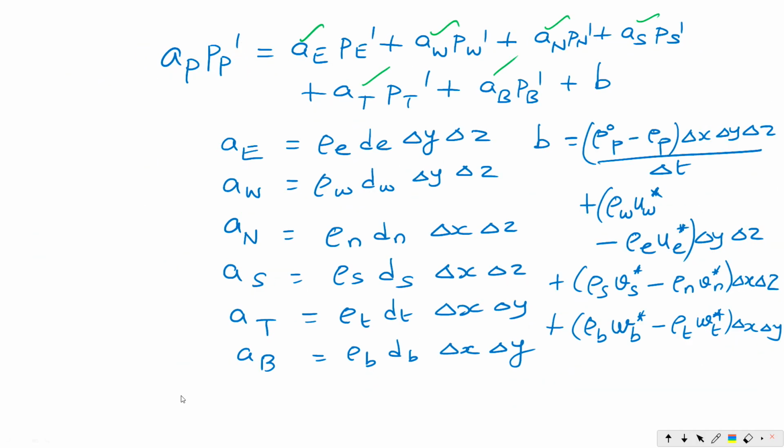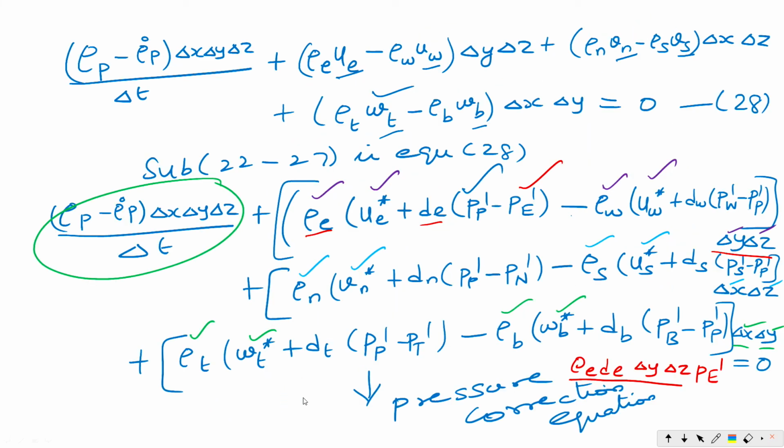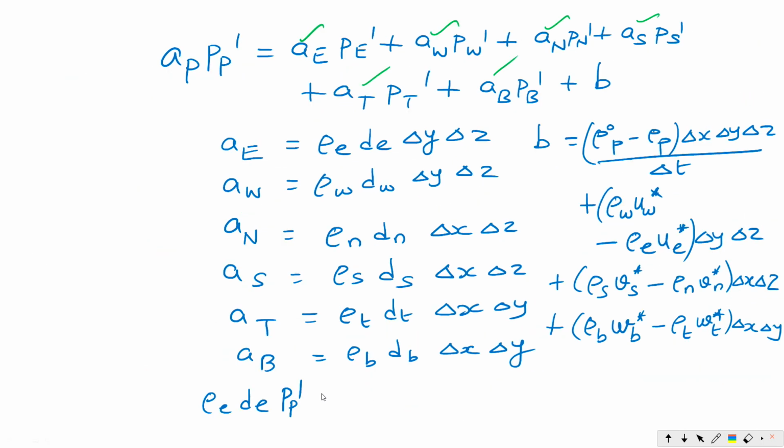It will be rho E, I am sorry, it is rho E dE of Pp dash. Then after Pp dash, don't forget to multiply with del y del z. Del y del z is common to all the terms, so it should come into del y del z. So what is this term? This term is nothing but your AE.